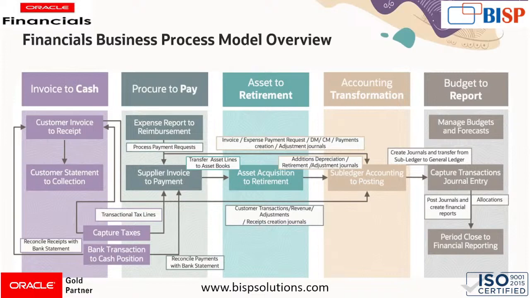And there is procure to pay. Here we enter the supplier invoice. We record the supplier invoice, and on the basis of payment terms we make payments to the suppliers.